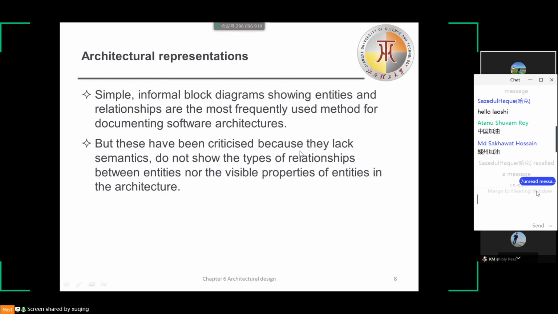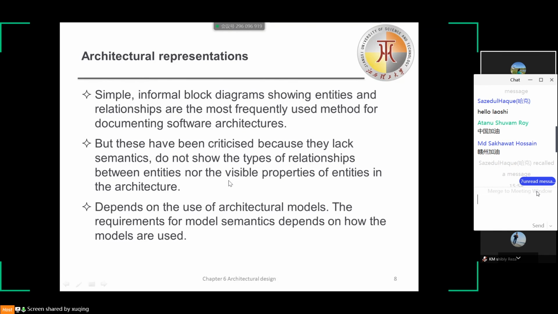I said here, they show neither the type of the relationships among system components nor the components' external visible properties, and depends on the use of architectural models. The requirements for model semantics depends on how the models are used.